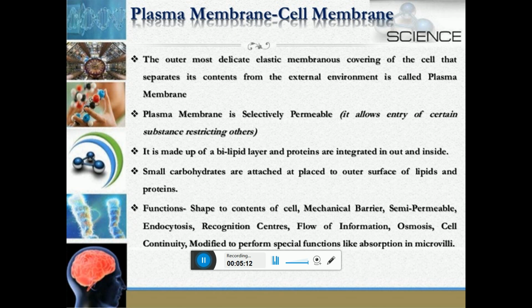Every living cell encloses its protoplasmic mass within a thin, elastic, semi-permeable, lipoproteinous, trilaminar, dynamic membrane. This membrane is called the cell membrane or plasma membrane. Nageli and Cramer in 1855 first observed the existence of the cell membrane, but the naming was done by Plowe in 1931.